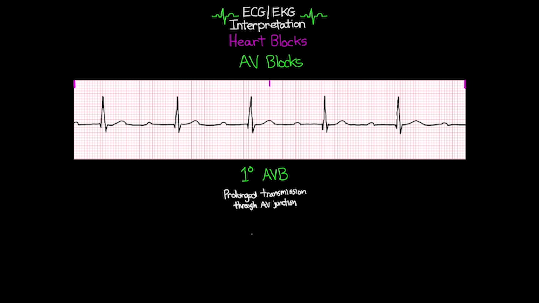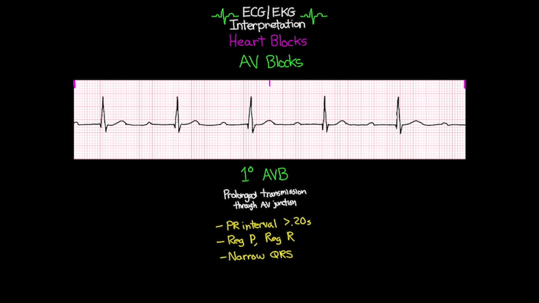The first of these is going to be that you're going to have a PR interval that's greater than 0.20. And with that, you're going to have regular P waves and regular R waves. And along with that, you're going to end up with a narrow QRS. So let's go ahead and take a look at our rhythm here and see what we've got going on.